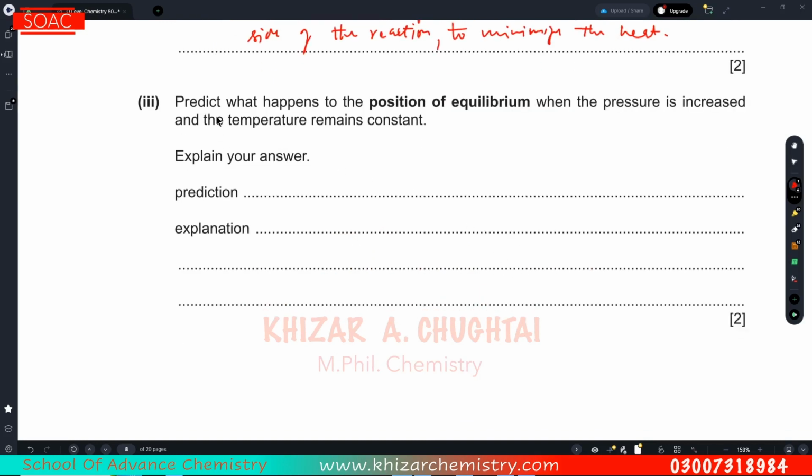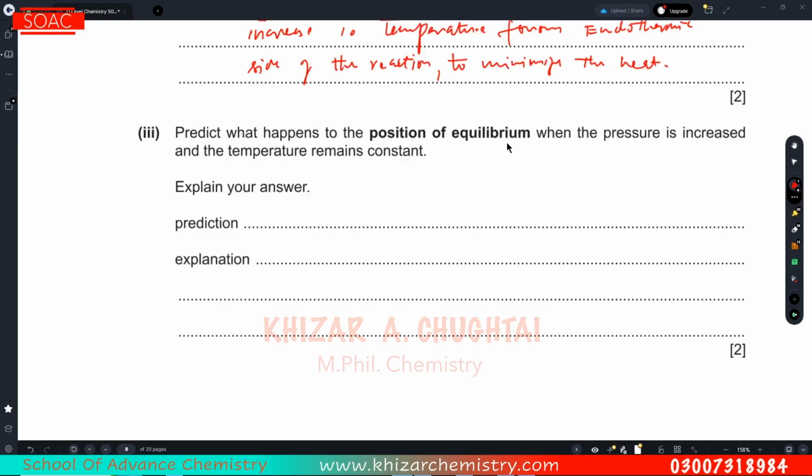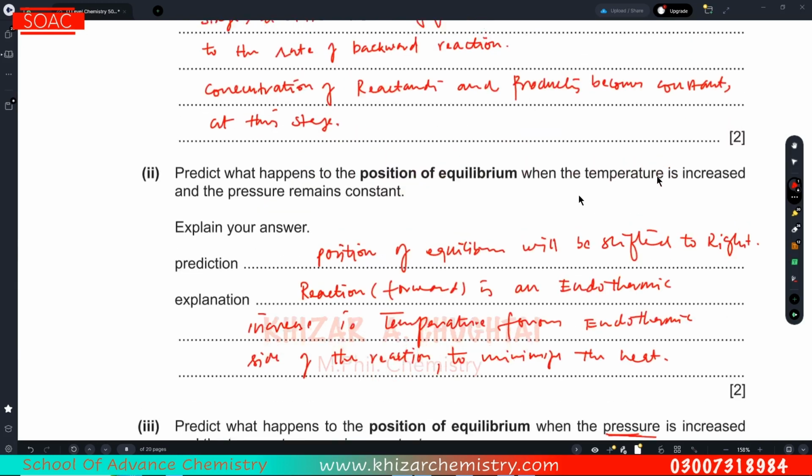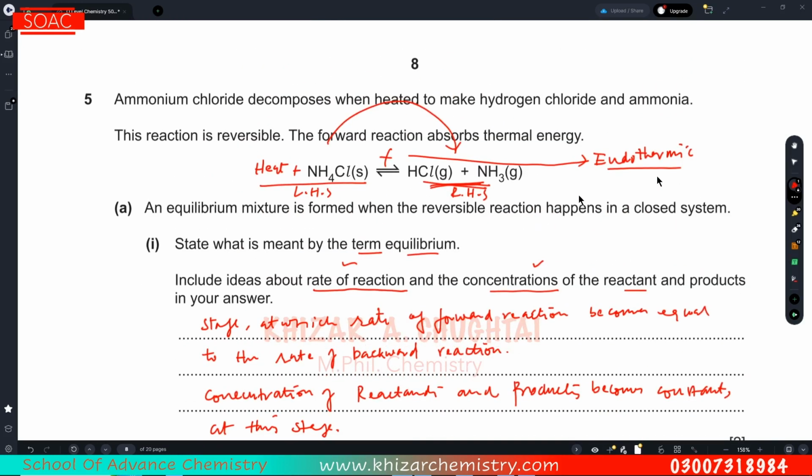Next one, predict what happens to the position of equilibrium when the pressure is increased and the temperature remains constant. At constant temperature, he or she is going to increase the pressure. For the effect of pressure, we will have to check the number of moles of the gases. So 1 mole over here, 1 mole over here, no mole of the gas was lying on the left hand side.